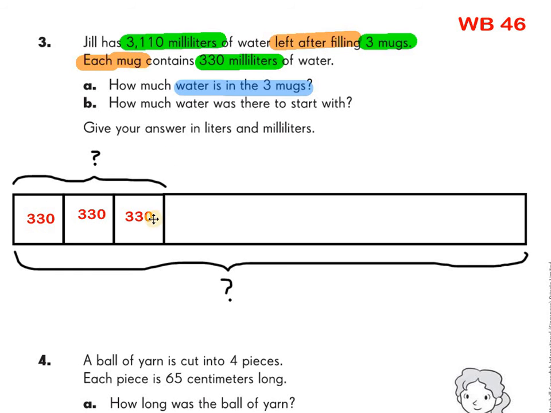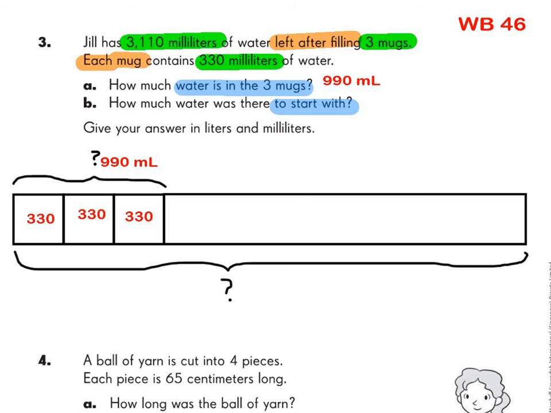And you can see that there are 3 mugs, and each mug has 330 milliliters in it. And when I multiply that together, 3 times 330, the answer is 990 milliliters. So step A is complete. Now I want you to work on step B. In step B, you want to solve how much water was there to start with.